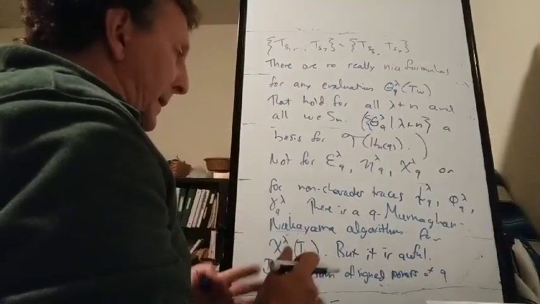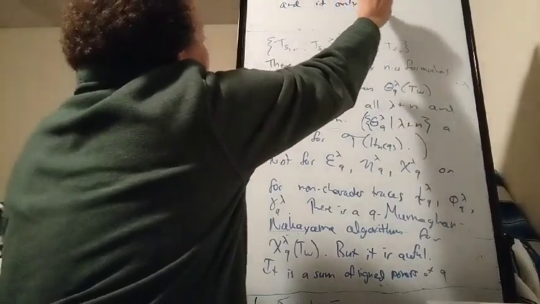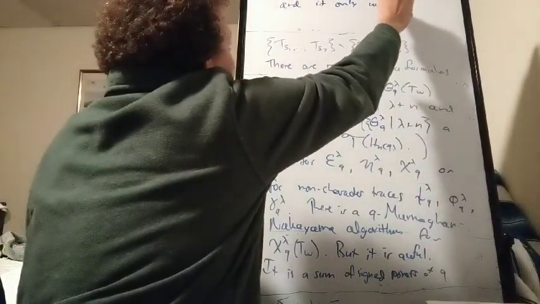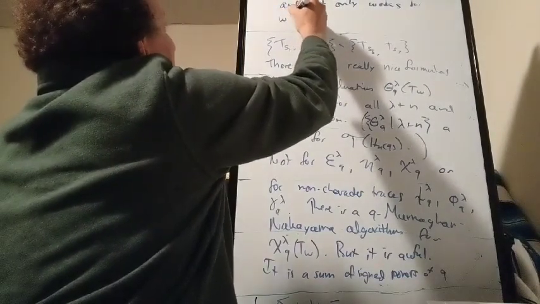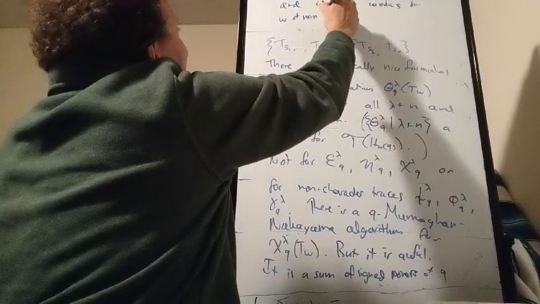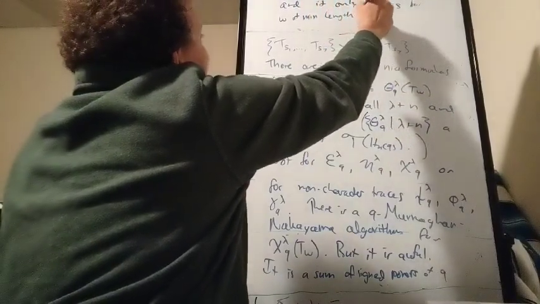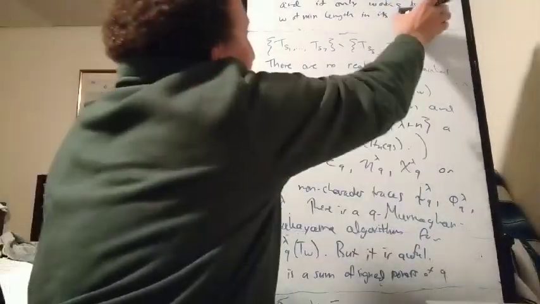And as if that weren't bad enough, it only works for W of minimum length in its conjugacy class, in its Sn conjugacy class.